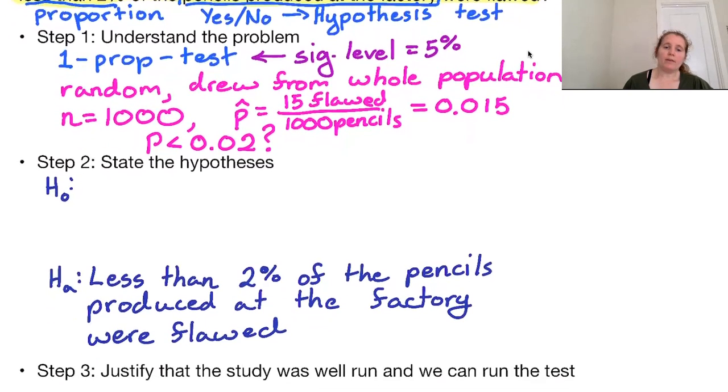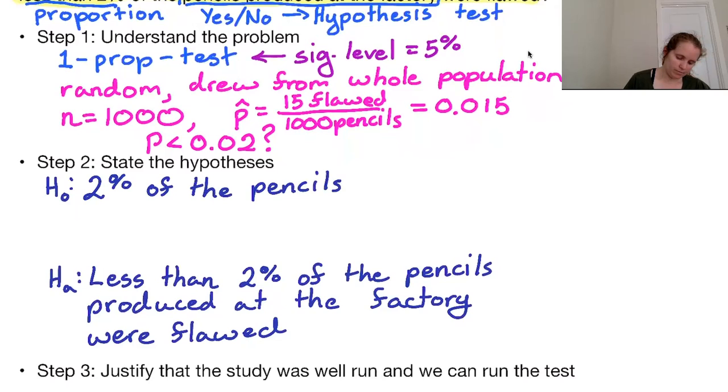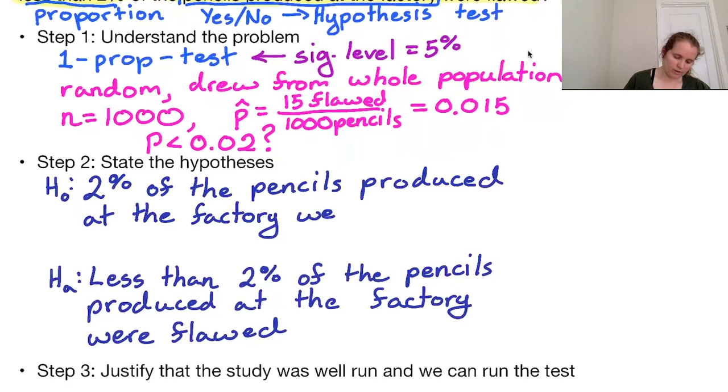For our null hypothesis, we take that statement and just switch it to equality. So 2% of the pencils produced at the factory were flawed.